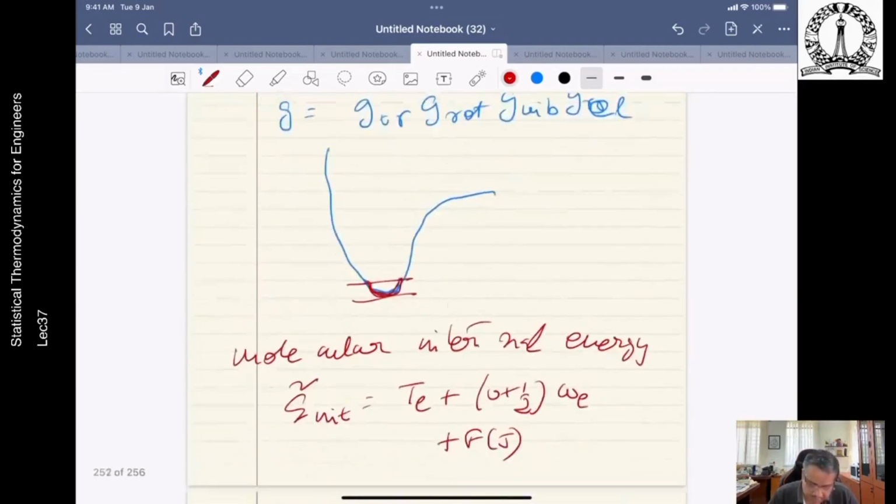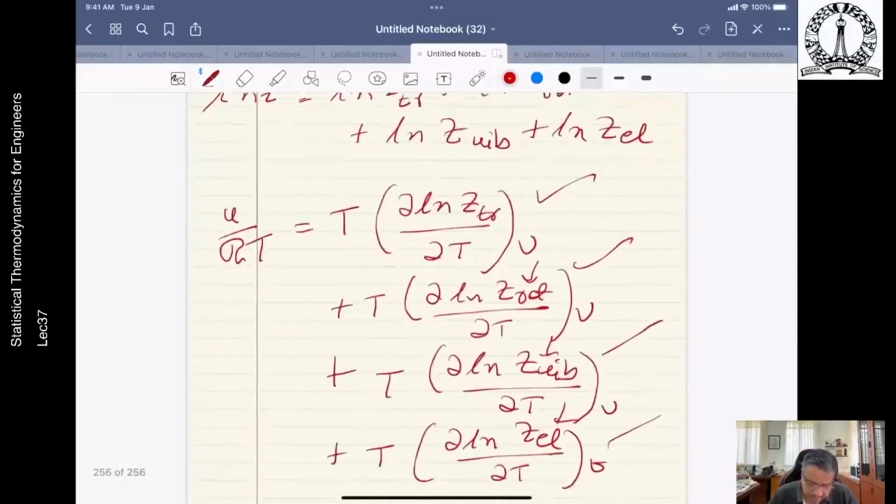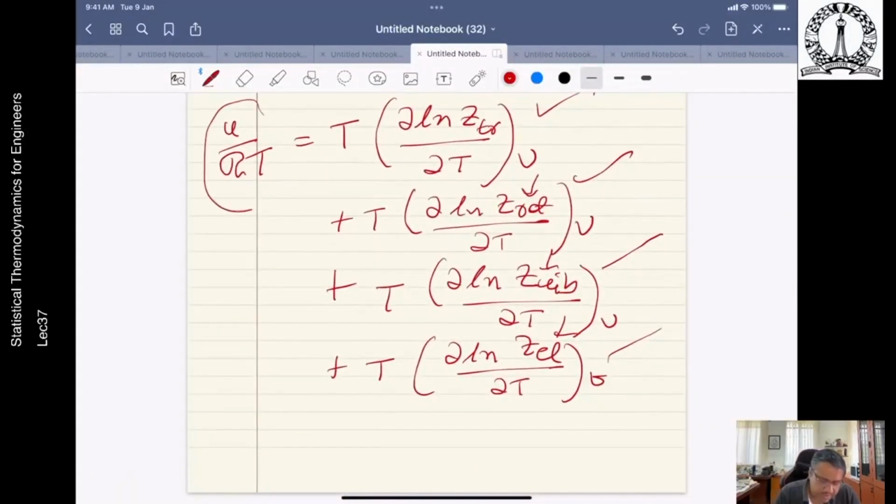Through this nice separation, we can show that the internal energy, for example, is a sum total of all these individual components coming from the four independent energy modes. Similar should be the case with entropy and many other things.